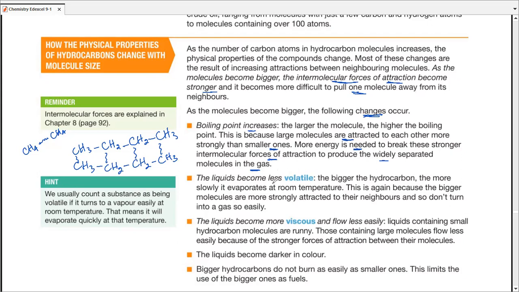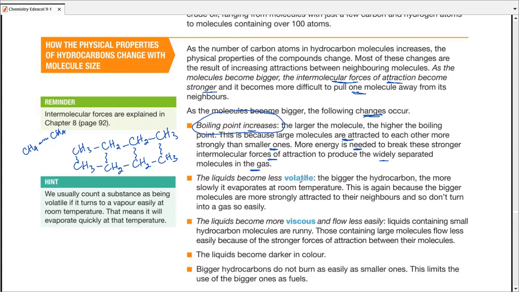In a solid, the particles stick close together, and energy is required to take them a little apart in the conversion from solid to liquid, and a huge amount of energy again is required to take them far apart, which is the conversion from liquid to gas. So you're spending more and more energy to get that substance to boiling point. Hence, the boiling point increases.